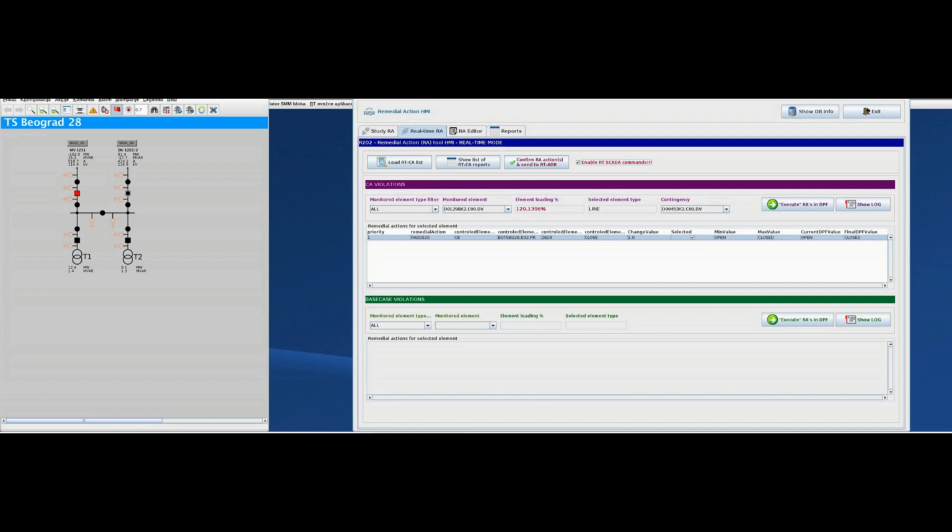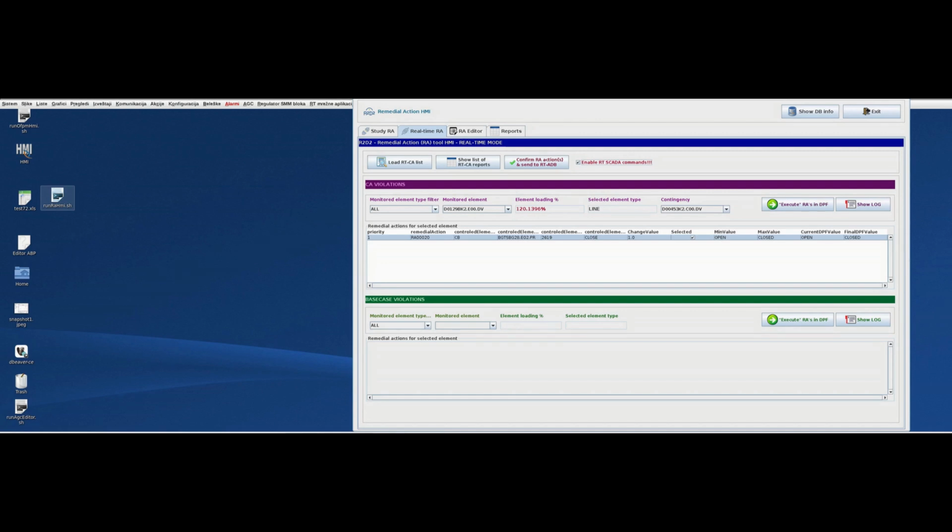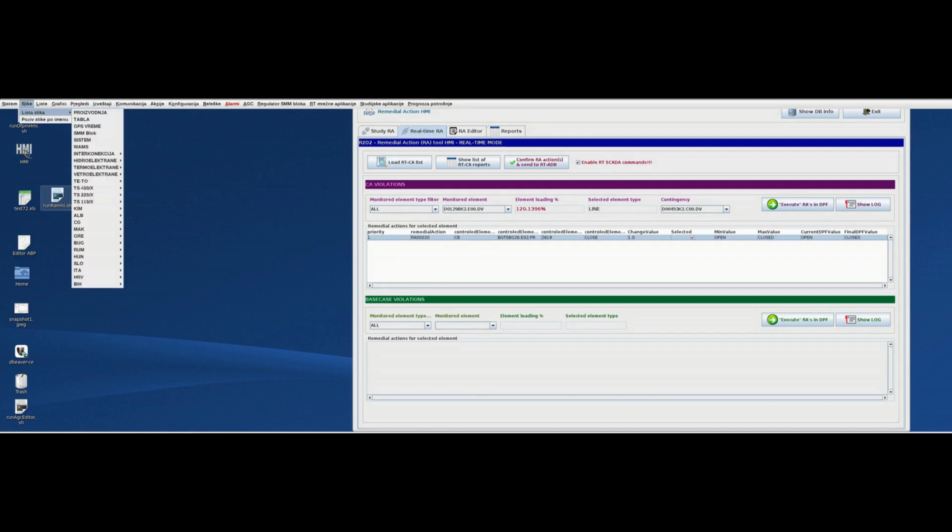So we started with around 600 amperes, and after the remedial action, the load on the line is around 300 amperes.